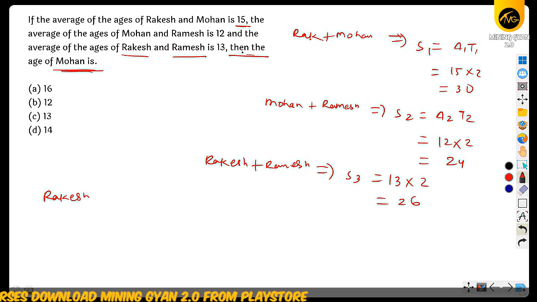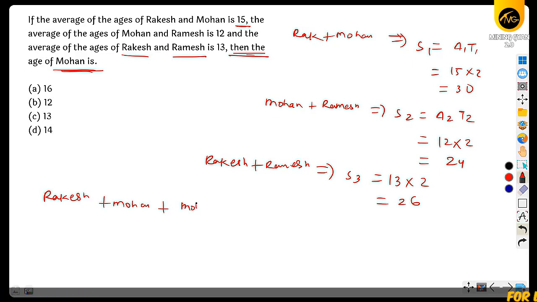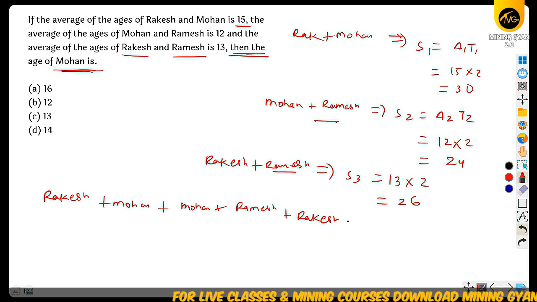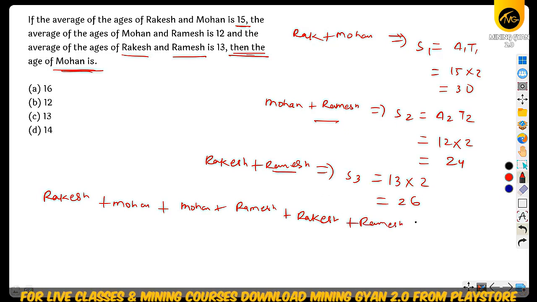Now we have to find out the age of Mohan. So Rakesh plus Mohan, plus Mohan plus Ramesh, plus Rakesh plus Ramesh, is equal to 30 plus 24 plus 26.